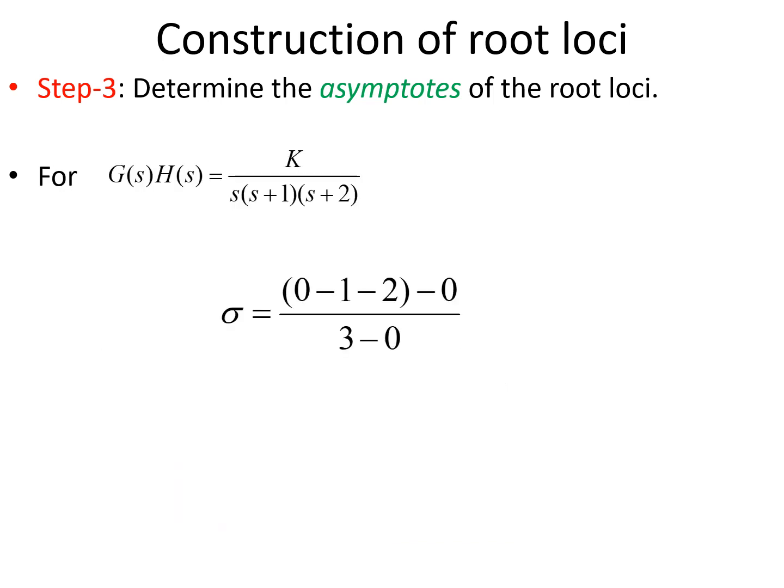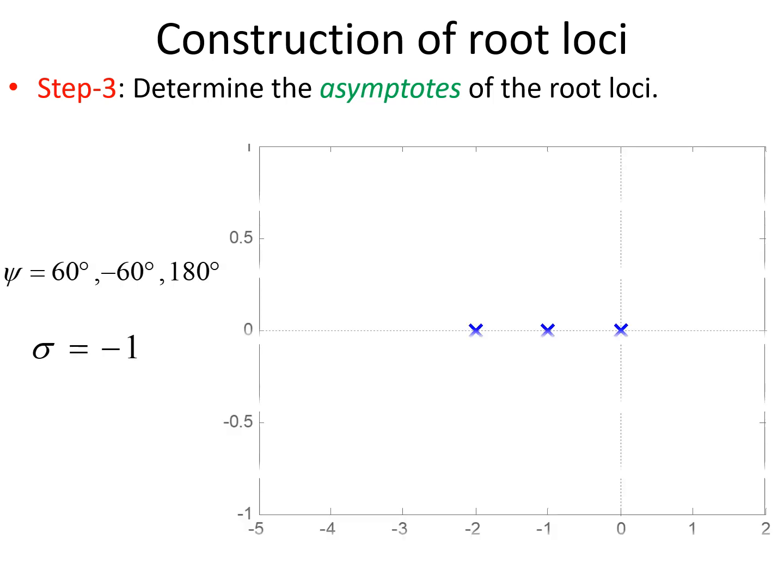For this example, we have poles at 0, minus 1 and minus 2. Summing them, we get minus 3. There are no zeros, so it is minus 0, divided by p minus z or n minus m, which is 3 minus 0. So we get sigma equal to minus 3 by 3, which is equal to minus 1. This is the centroid value we have got for the previous example.